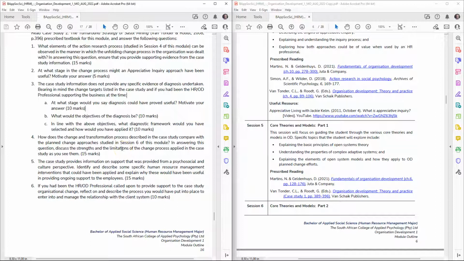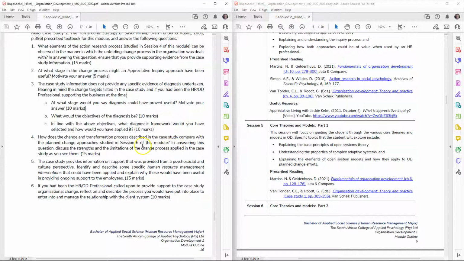Okay. Then question 4, how does the change and transformation process described in the case study, remember that diagram? So that diagram was their process, and then all the text before and after that diagram explained what they did in this process. So the question here is, how does the change and transformation process described in the case study compare with the planned change approaches studied in session 6 of this module?